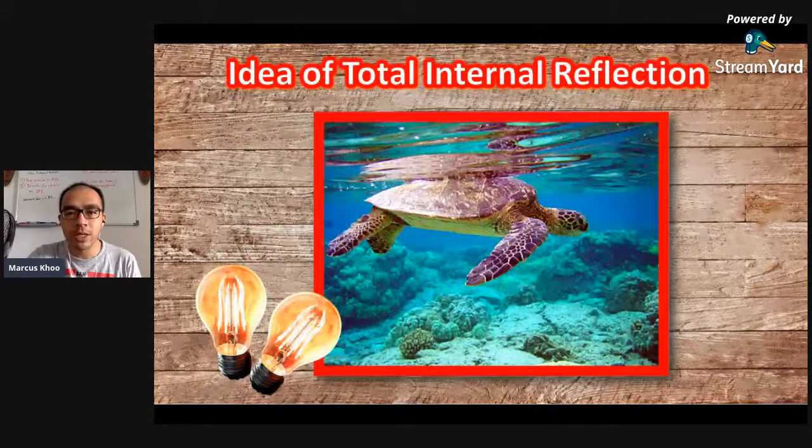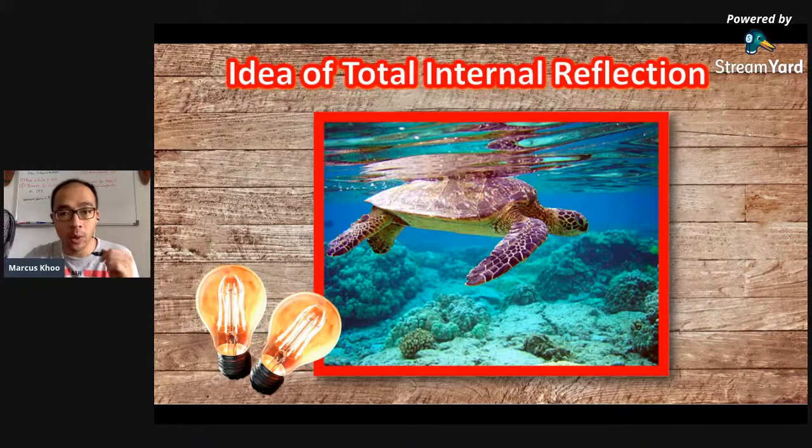You see this is a picture of a tortoise or turtle. I think it's a turtle. Notice that you can see the image of the turtle on the surface of the water. This is an example of how total internal reflection looks, because it is reflected back towards the turtle.